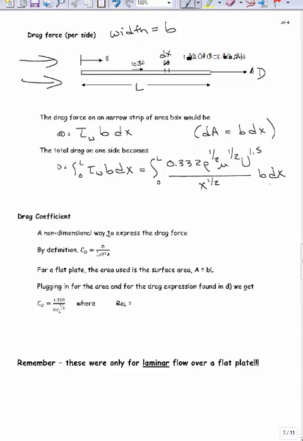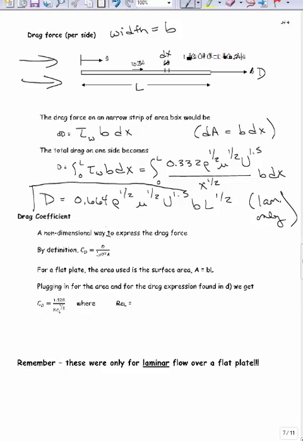That's something we can integrate. And if we do integrate it, what we get is drag equals 0.664, rho to the 1/2, mu to the 1/2, square roots in other words, U to the 1.5, b, L to the 1/2. Remember, that's laminar only. So there's an equation we can use for drag if we have laminar over our whole plate.